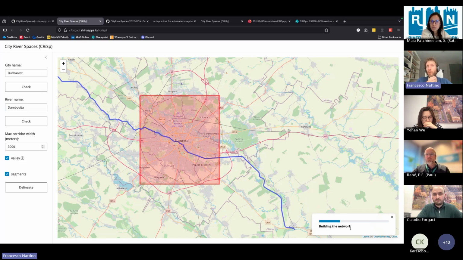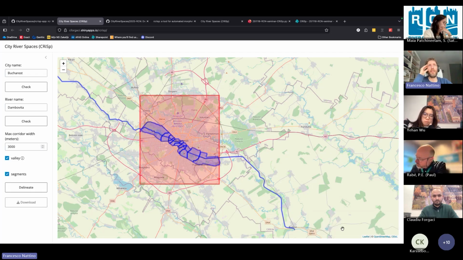It uses this to build the internal network, builds the river valley, runs the delineation of the corridor, and then runs the delineation of the segments. Since this is running, let me also stress the fact that, so here we got the result.